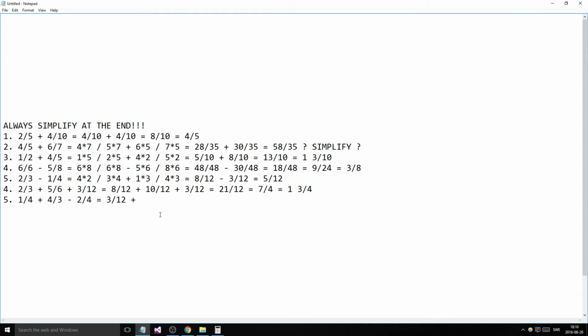So 4 times 4, what is that? 16/12 minus 3 there, so 6/12. Again, sorry for any mistakes. I think I'm doing this correctly. But there we go. Let's just do these first. So we have 3/12 plus 16/12 minus 6/12. And then that gives us 13/12, which then in turn gives us 1 and 1/12. I think that's correct as well.